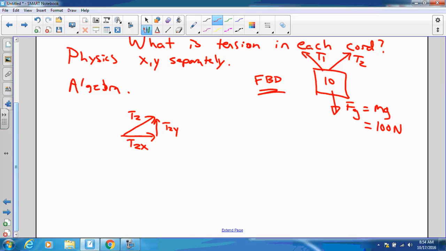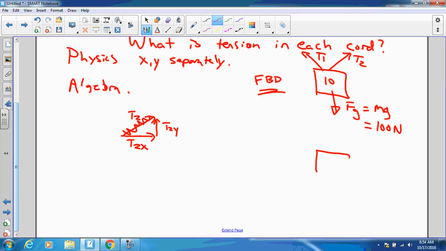What that does is effectively double the force, because I now have T2 and I have these T2x. So for a couple of years, they said you can have the components, but you have to cross them out. Then they got even pickier and said we're not even going to accept that anymore.